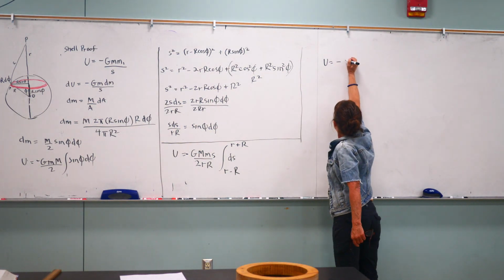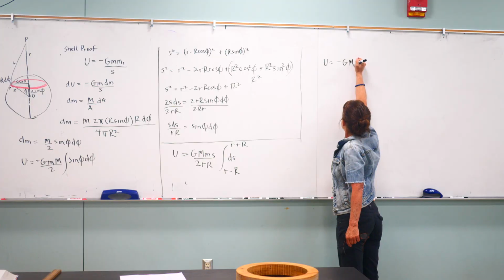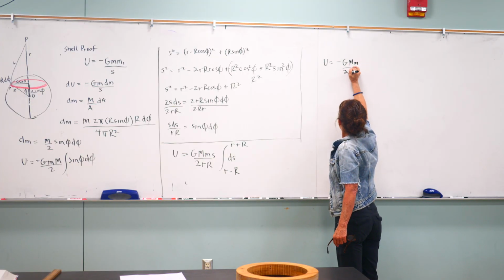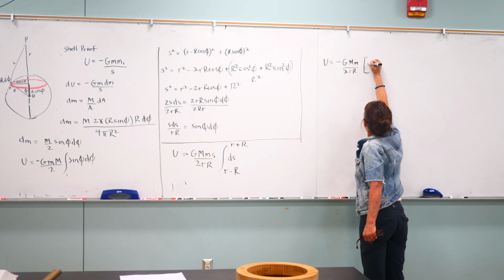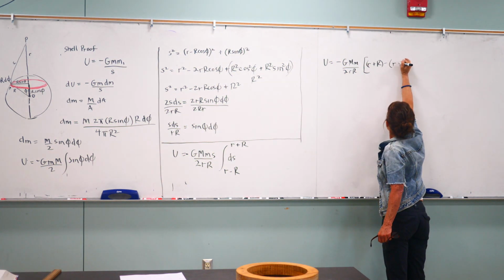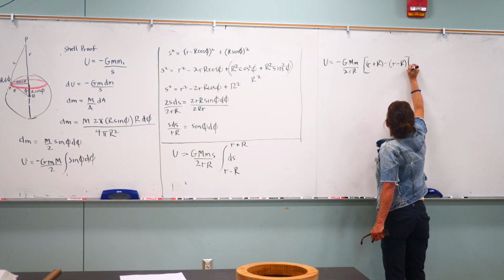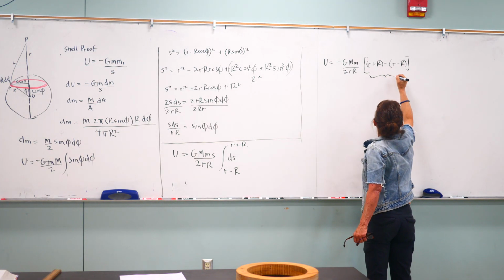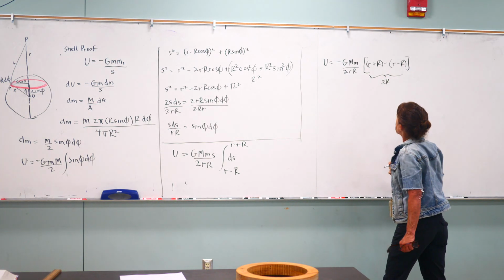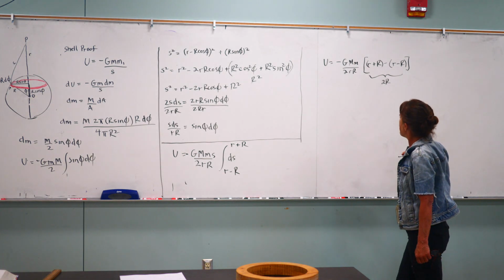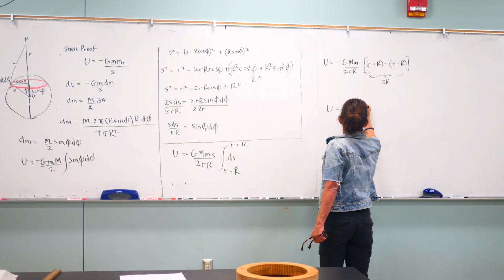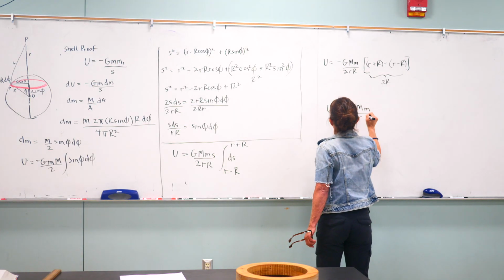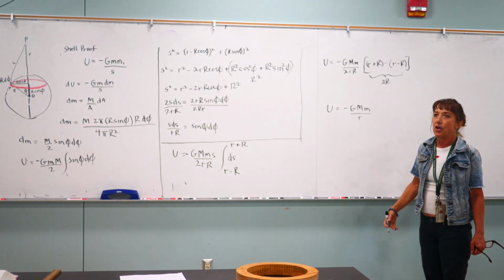Okay, negative G, big M, little m, over 2rR, and then times r plus R minus r minus R, and this, as it turns out, is 2 big R. So I come back and my potential energy is equal to negative G, big M, little m, over r. And there is your shell.